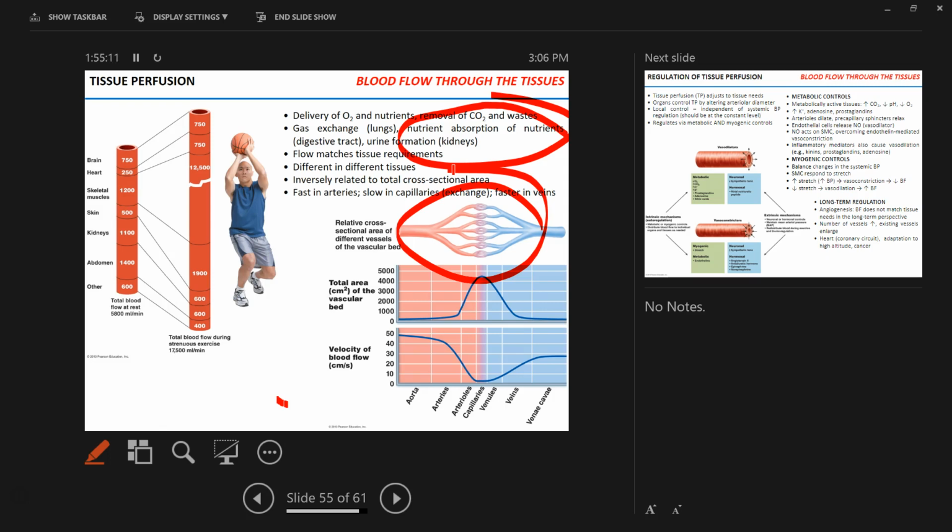But if then it enters some sort of a little valley, or it has a widening of the riverbed, then it slows down. Does that make sense? And then it will accelerate again. So basically, these capillaries, this is the widening of the river, okay?